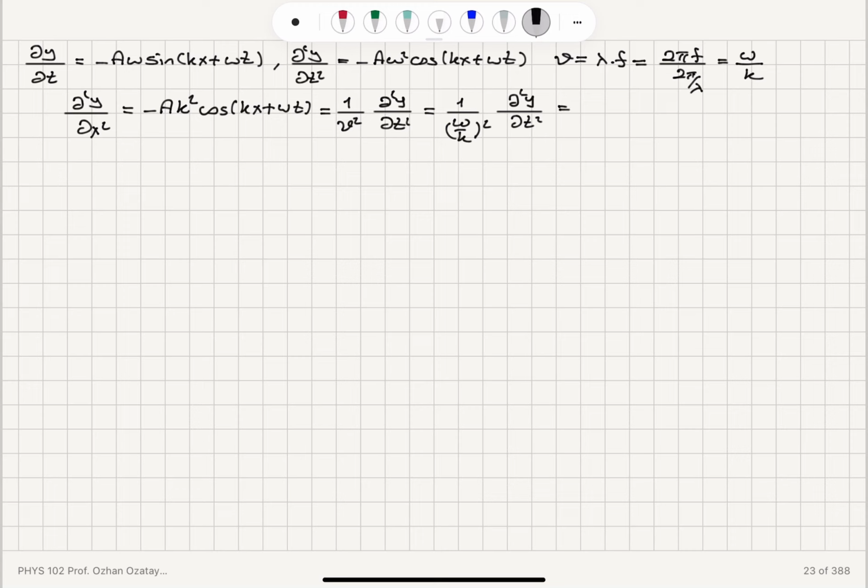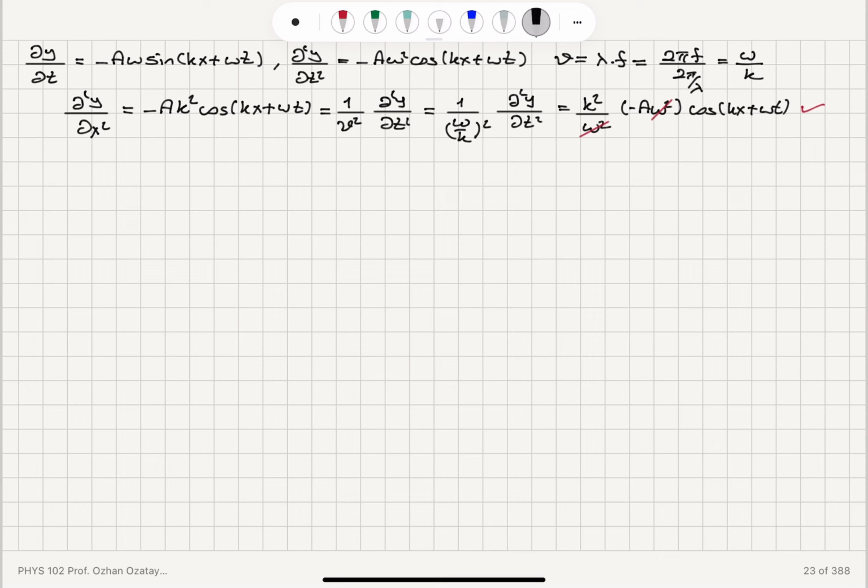And this would be k² divided by ω² multiplied with ∂²y/∂t², which we have found to be −Aω² cos(kx + ωt). So you can clearly see that these ω² will cancel and we will be left with −Ak² cos(kx + ωt).